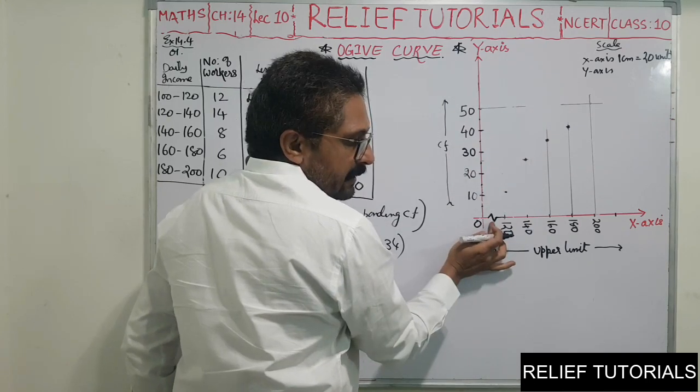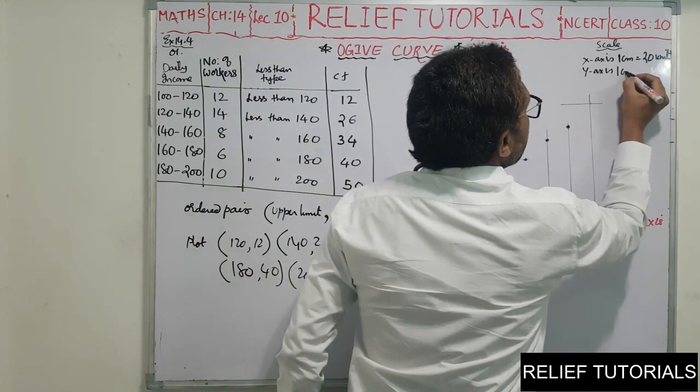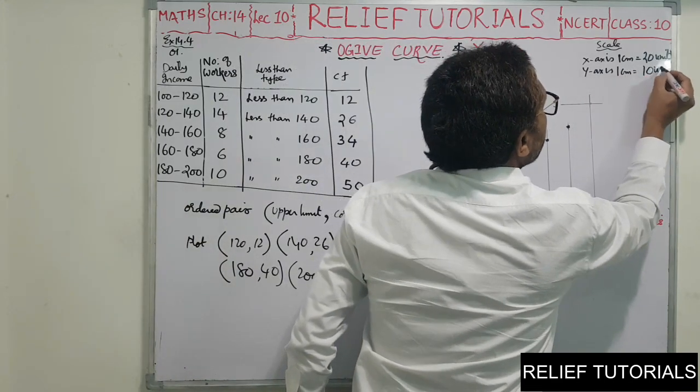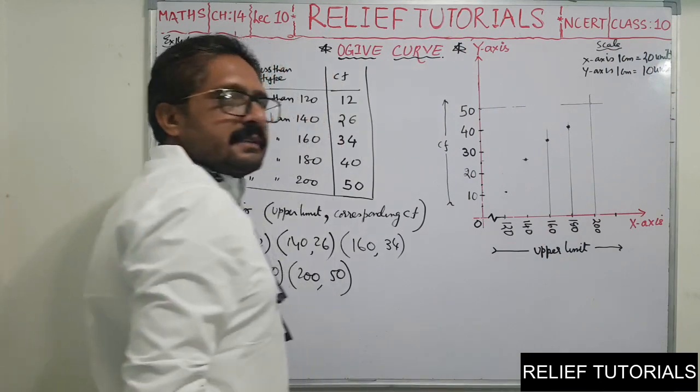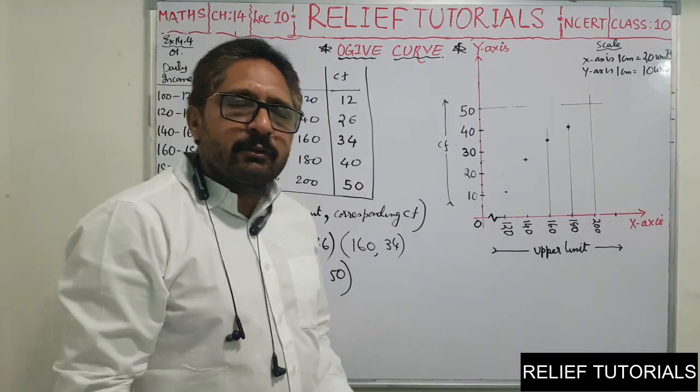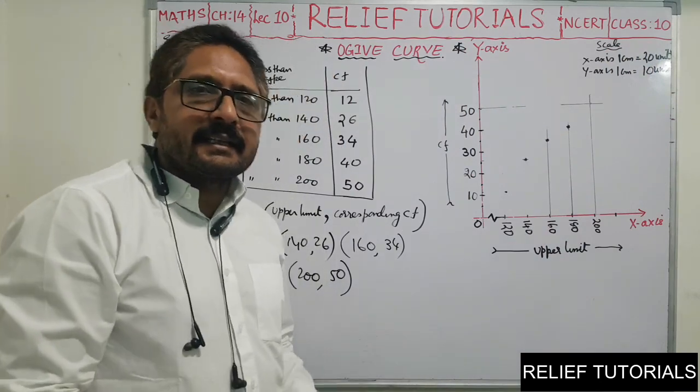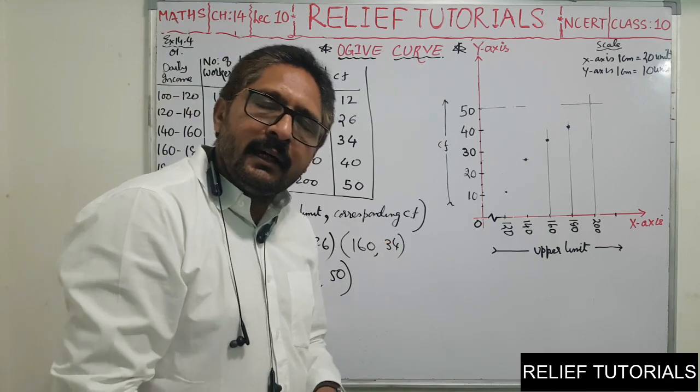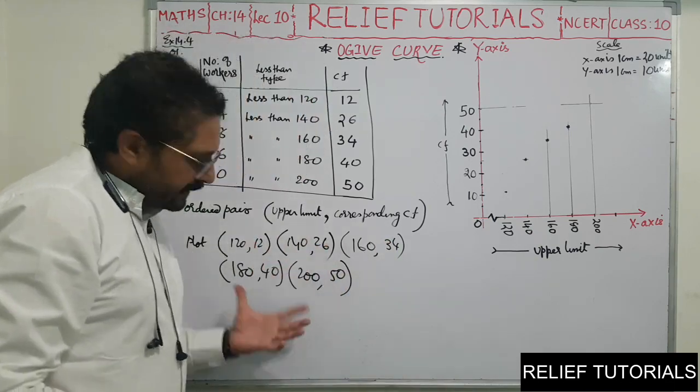So no need of this symbol. So I can say on y-axis 1 centimeter is equal to 10 units. So these are the scales, and I told you scale may be different on both the axes. It is not necessarily the case that they should be the same on both the axes.